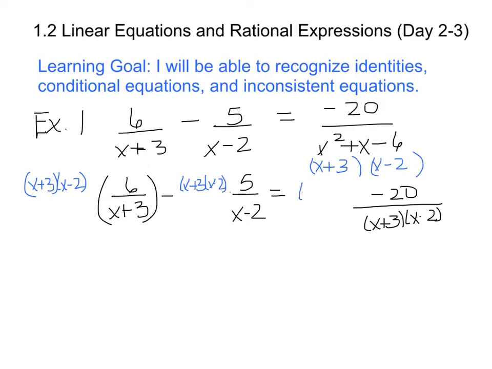And the reason why we're doing this is so that we can get rid of the denominators. So here, x plus 3 cancels out, and you're left with x minus 2 times 6. Here, x minus 2 cancels out, and you're left with x plus 3 times 5.